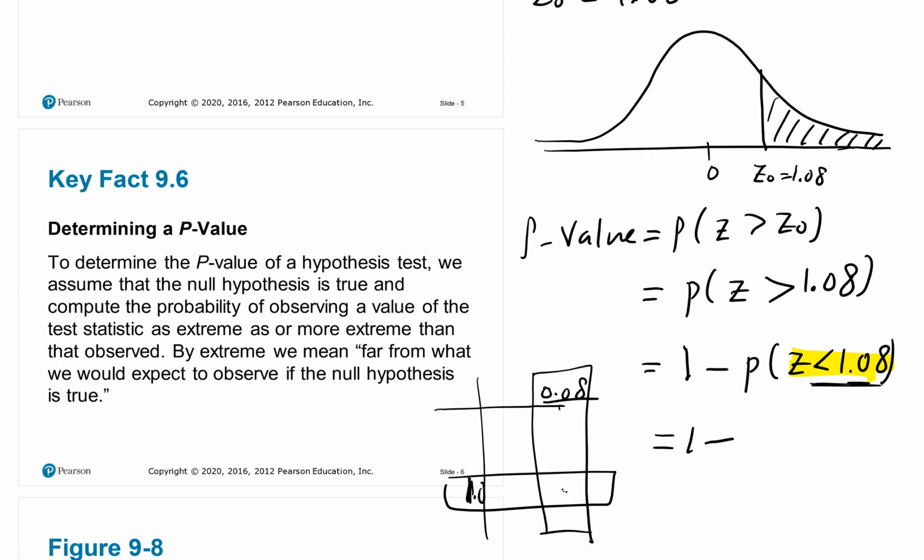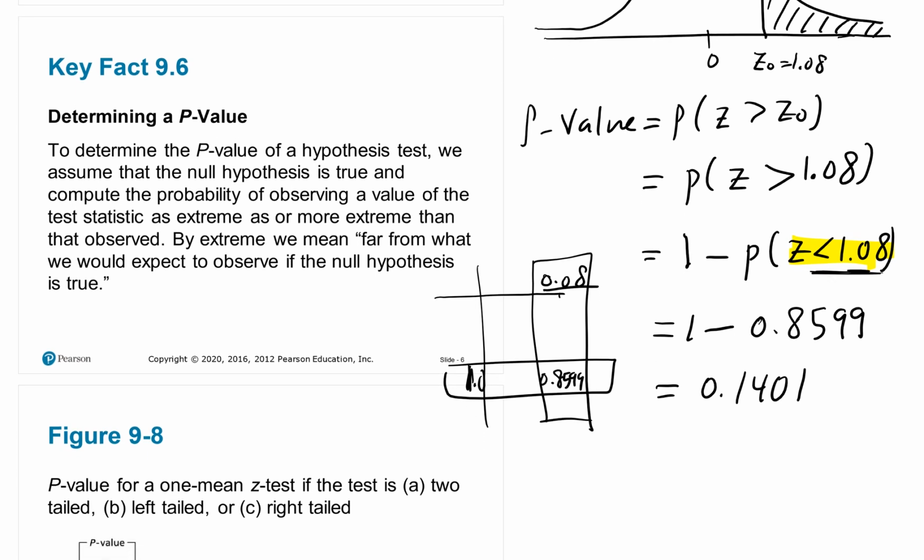They overlap at that point. That point is 0.8599. And if you subtract it from 1, we get 0.1401. So that's the p-value.